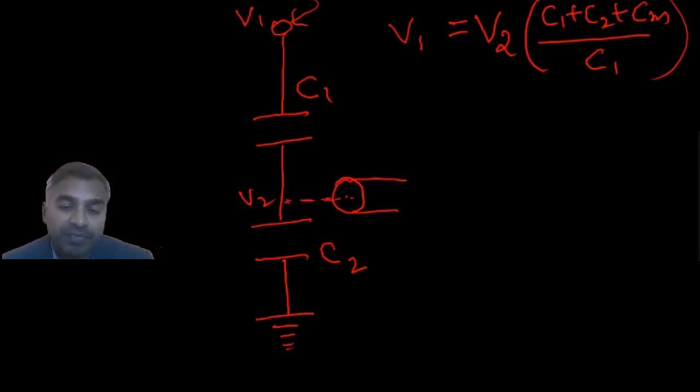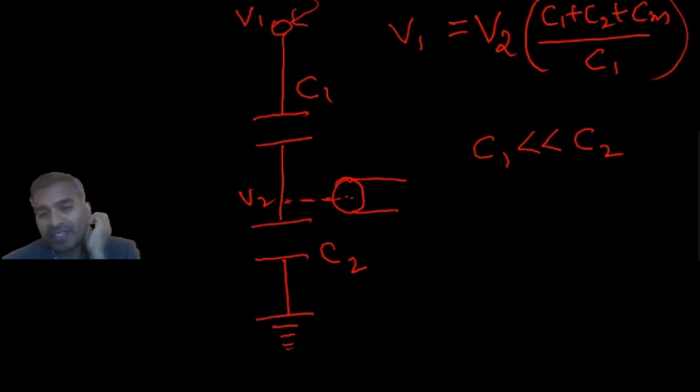The drop across C2 will be less as compared to C1. So you mean to say that C1 should be small? Yes, sir. C1 should be small as it has higher impedance, so the voltage drop across C1 would be higher. So C1 capacitance should be less than C2.